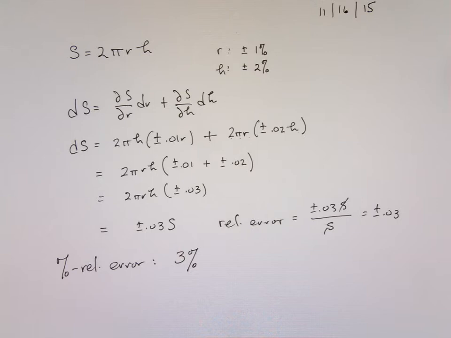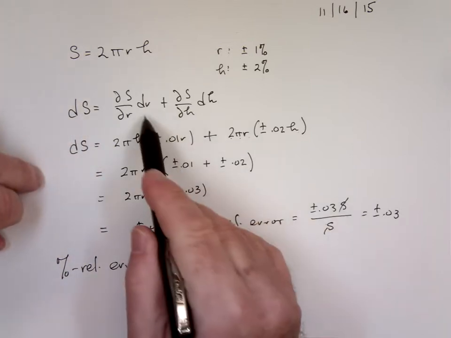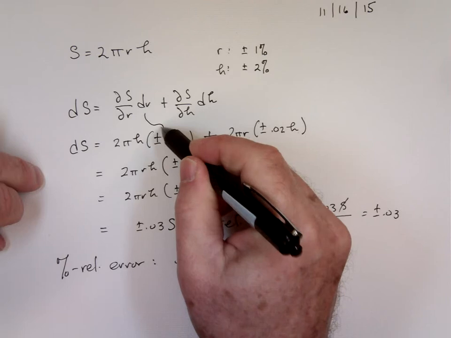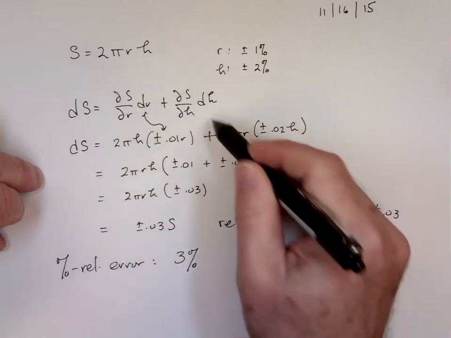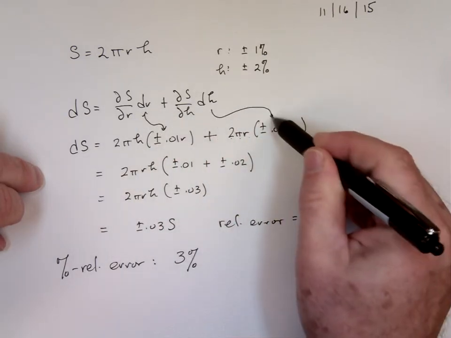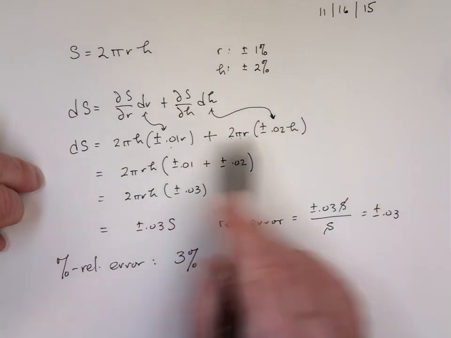So are you kind of integrating those 2% to add in the h and r, like the plus or minus 0.01 r and the plus or minus 0.02 h? I'm replacing dr with its error and dh with its error. These numbers are coming from here.